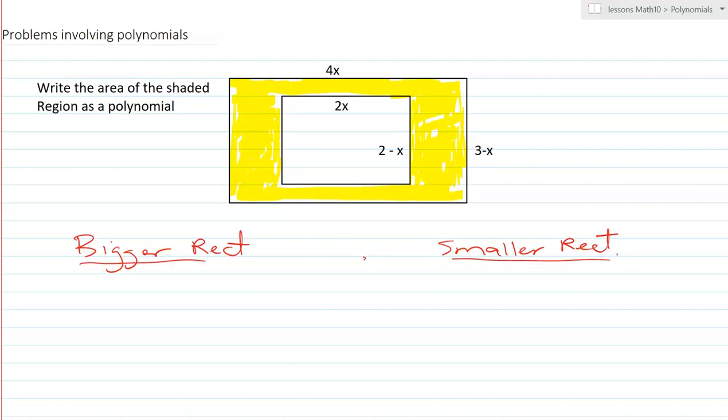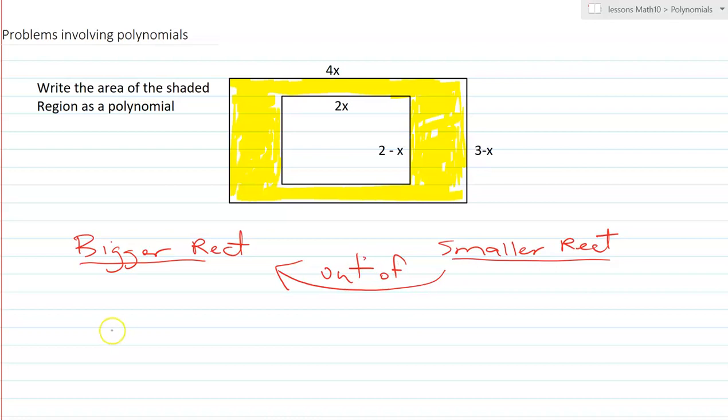Smaller is inside. In order to get the shaded area, we must remove the area of the smaller rectangle out of the bigger rectangle.